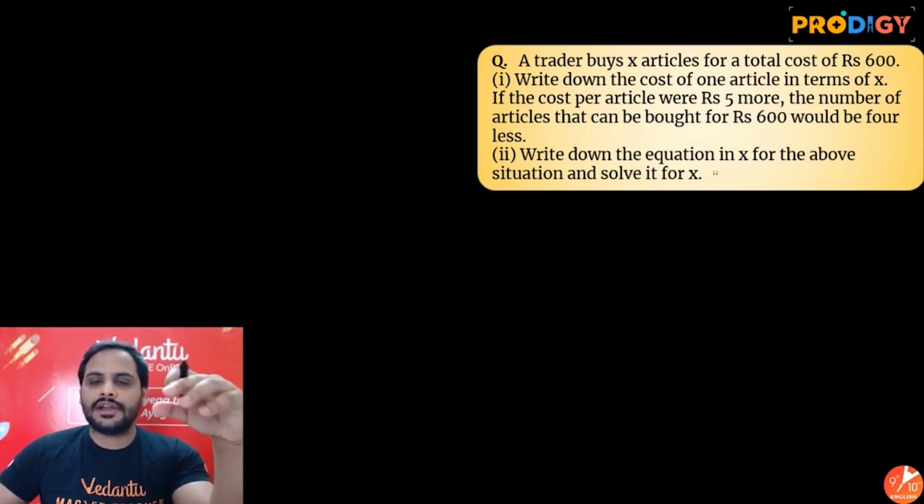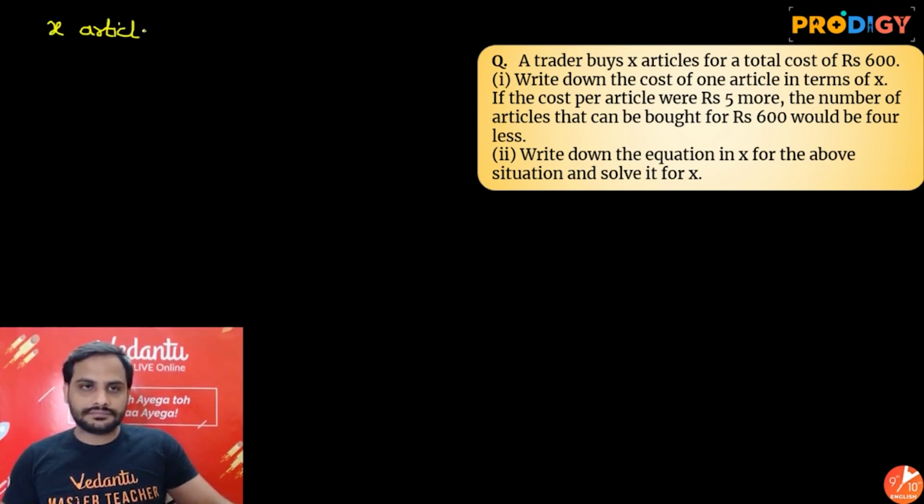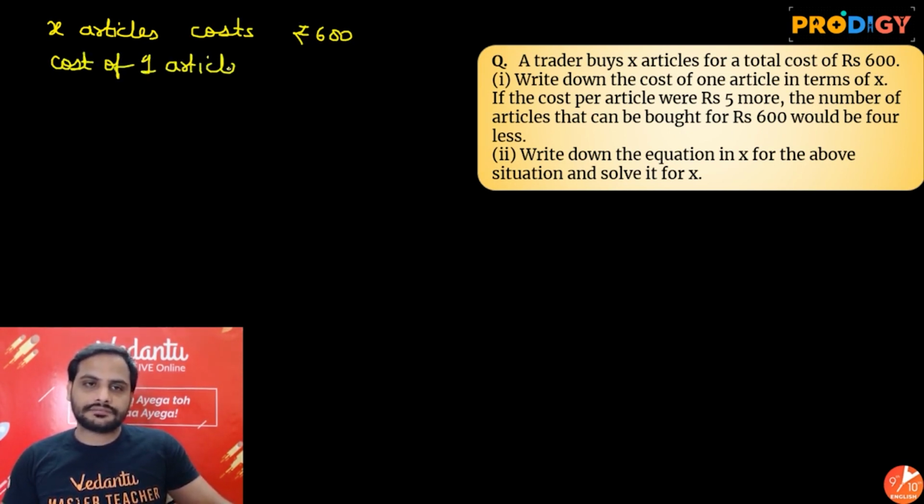What they have told: the trader has bought x articles for a total cost of rupees 600. So x articles, their cost is rupees 600. So I can say the cost of one article will be 600 upon x, yes or no?